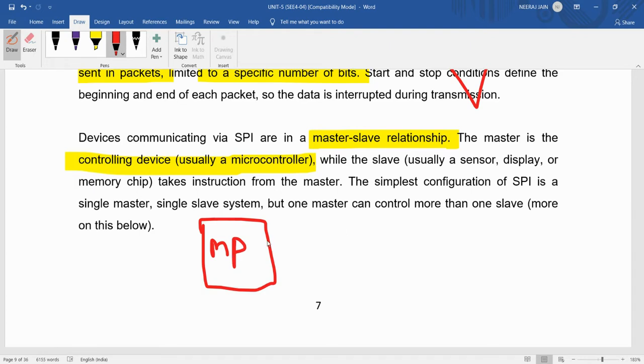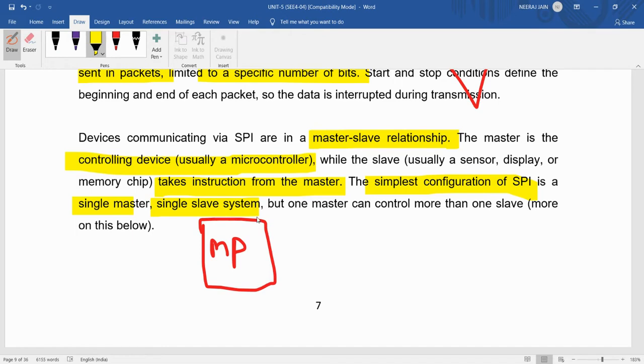Microprocessor, that is a controlling device, and the slave takes instruction from the master. जो slave होगा वो master से instruction लेगा.